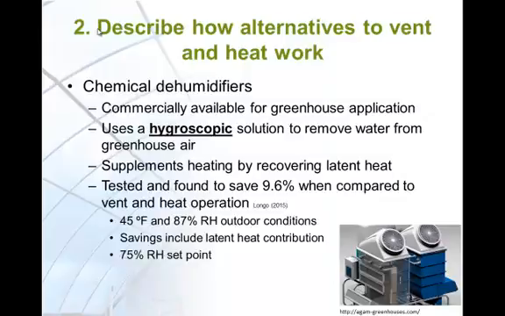In the study, both the greenhouse containing the chemical dehumidifier and the control greenhouse using a conventional vent and heat operation were set to be maintained at 75% relative humidity. The chemical dehumidifier was able to maintain a 75% relative humidity set point, while the vent and heat operation created internal conditions where humidity was at times too high.